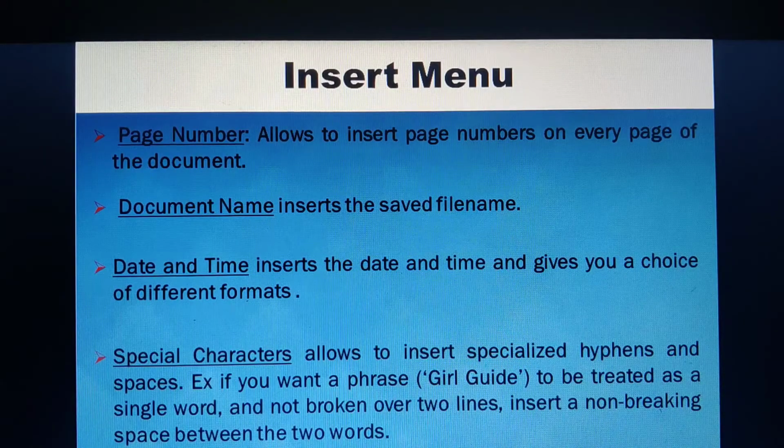And then we have special characters. See, suppose you have a word which you want to keep as one word, but it has been split up. At that particular time, if you want to have a hyphenation, then you can use a special character. Special characters will allow you to insert specialized hyphens and spaces.